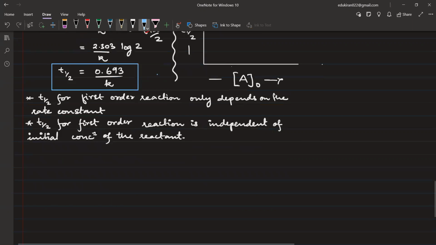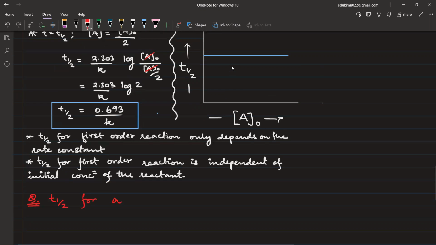What does that mean? Also understand by this question here. T half for a reaction, for a first order reaction. Could you show the graph? Sure.